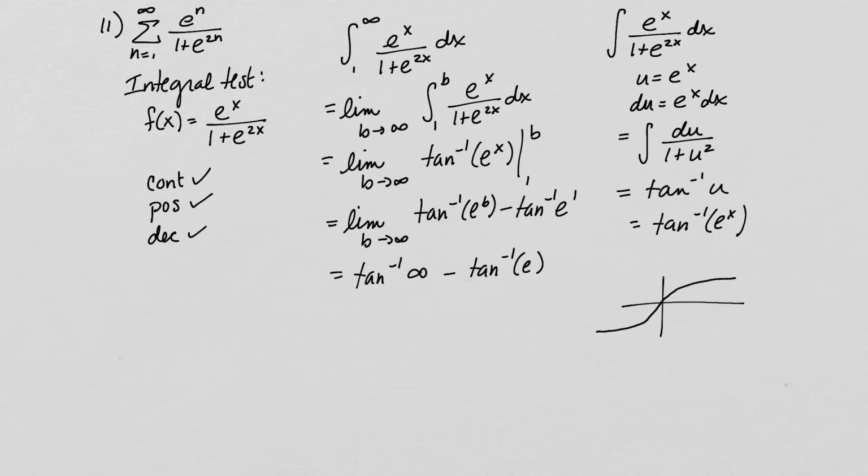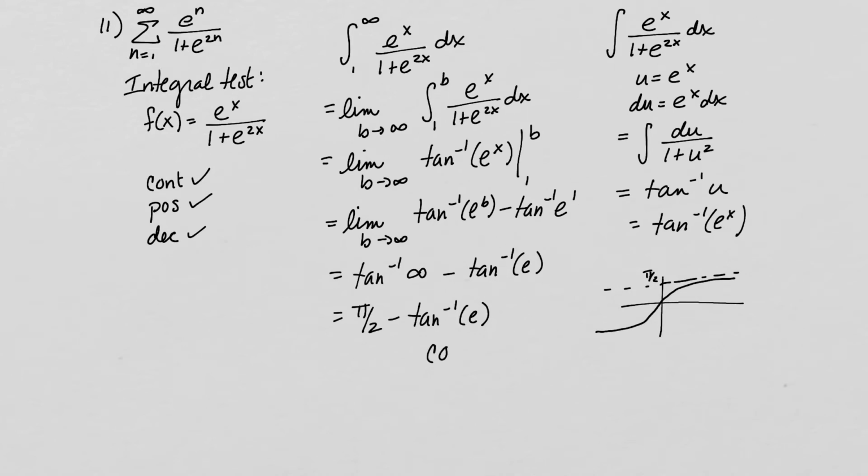So as x goes to infinity, the inverse tangent actually approaches this asymptote up here, which happens to be pi over 2. So this is going to be pi over 2 minus the inverse tangent of e. And that's an actual number, right? It looks weird, but it is a number. So this is going to converge.